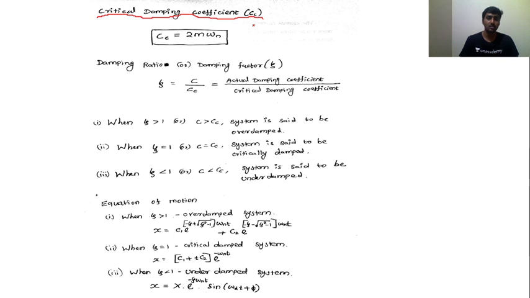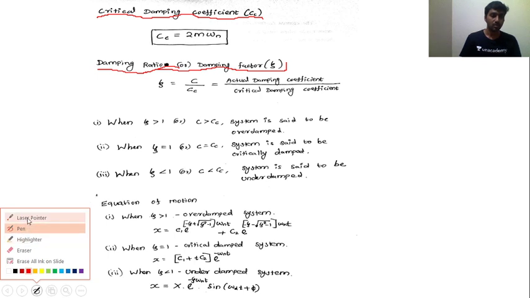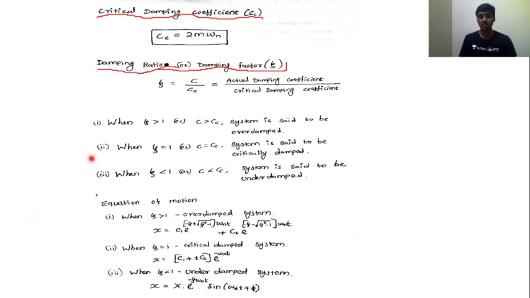The damping ratio, or damping factor, is the ratio of the actual damping coefficient to the critical damping coefficient.